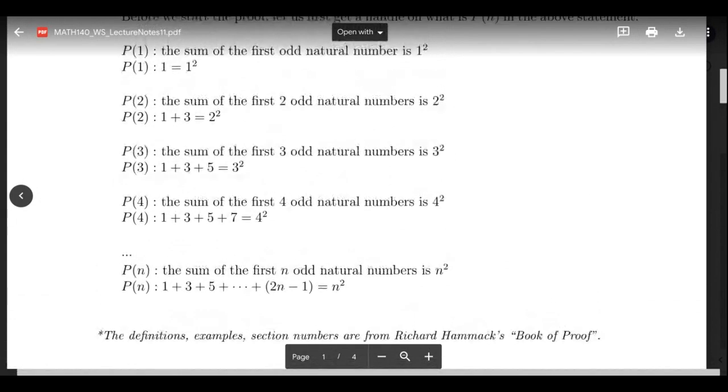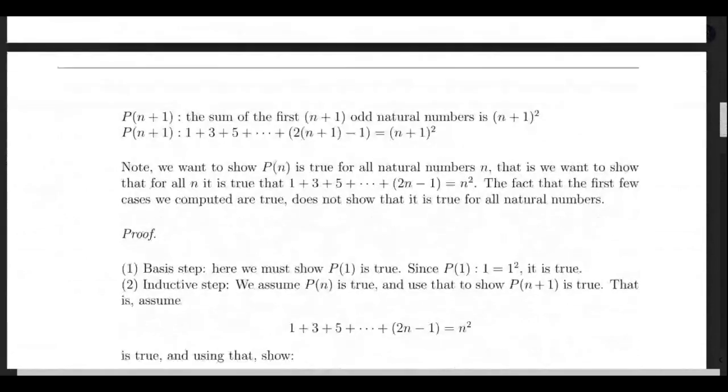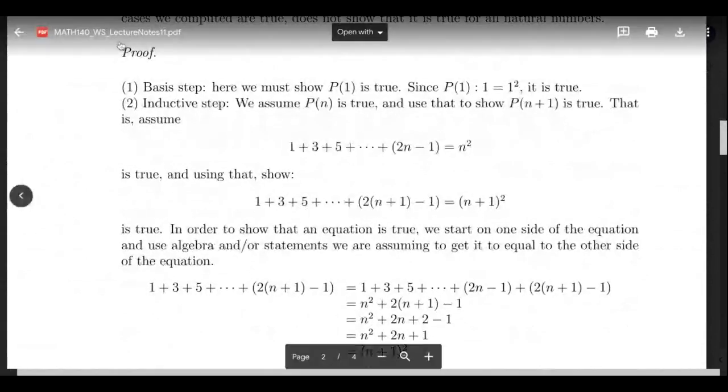Professor, can you go down a little? This proof? Yeah, that one I think he wants. Oh, okay. Yeah, let's go over this proof.